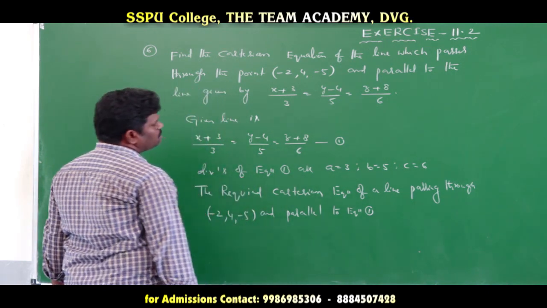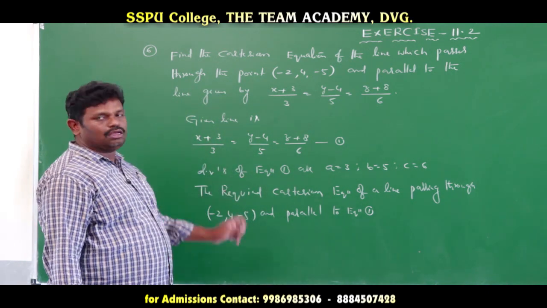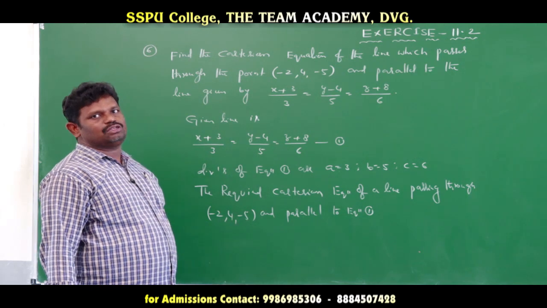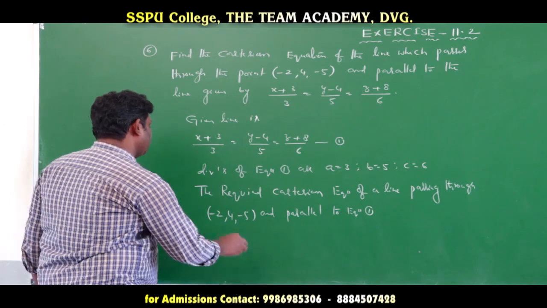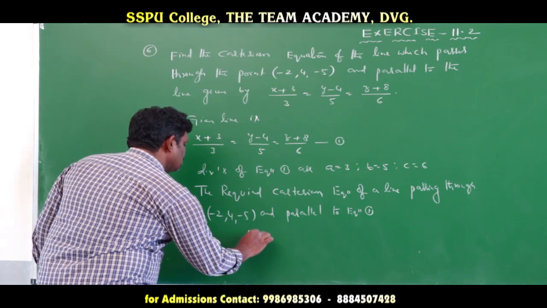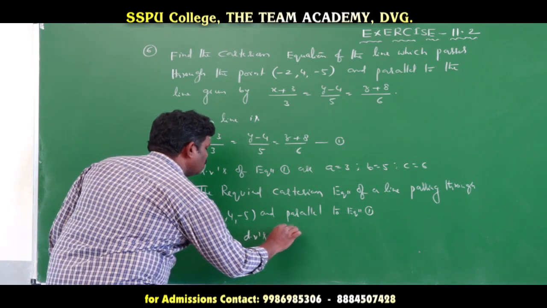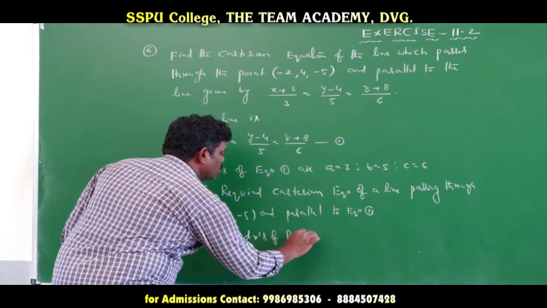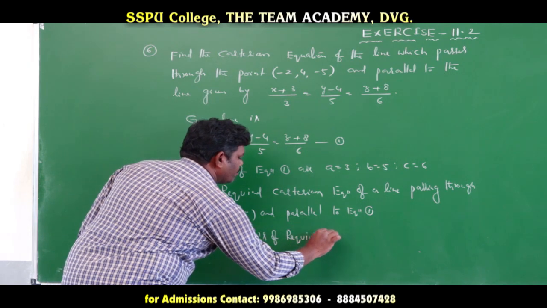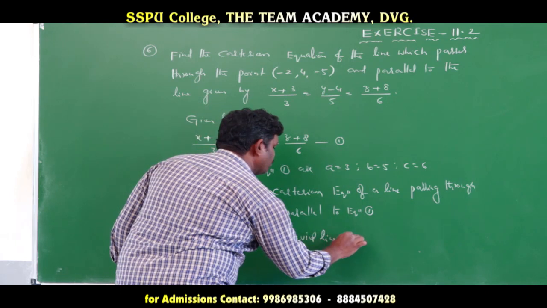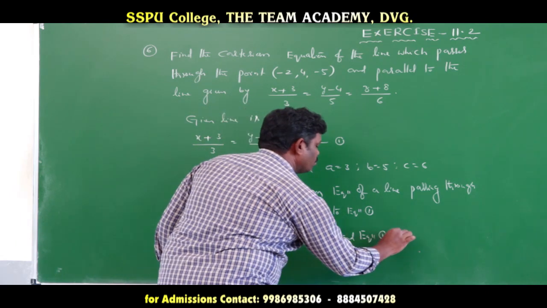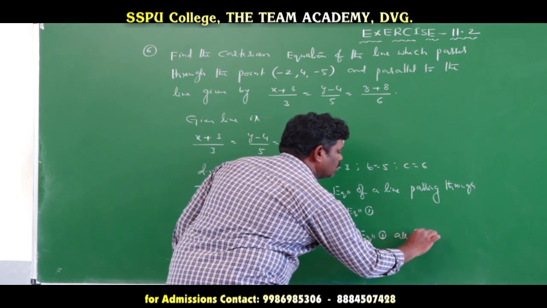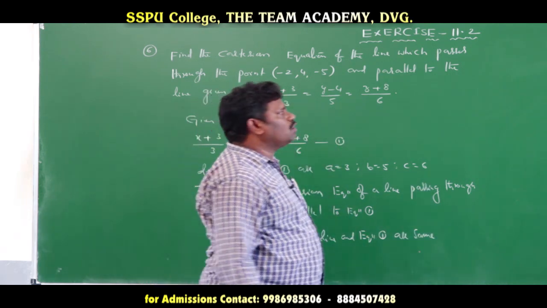Now see, the required line and this given line are both parallel. So the direction ratios of the required line and equation 1 are the same.